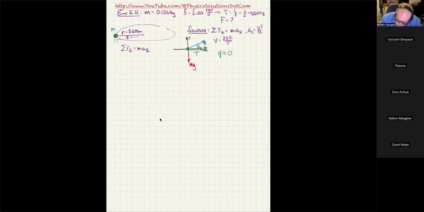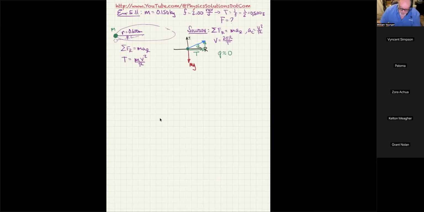So with that in mind, that allows us to skip the mg completely, and our equation of motion, Newton's second law, becomes T is equal to mv squared over r. Because the a on the right-hand side of Newton's second law is the centripetal acceleration that's necessary, or else the object's not going to go in a circle. So this is just a quick and dirty estimate of it.